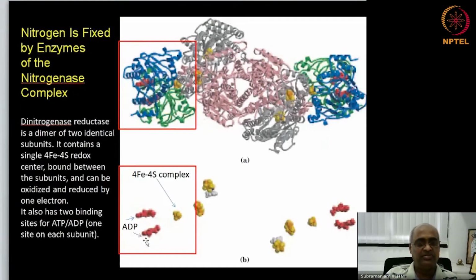So 2 molecules of ATP or ADP and the 4Fe4S iron-sulfur complex is what is present in this. This is the one that is going to accept electrons from an electron donor, and it is going to transfer the electrons to the dinitrogenase itself, which is going to reduce the nitrogen into ammonia.